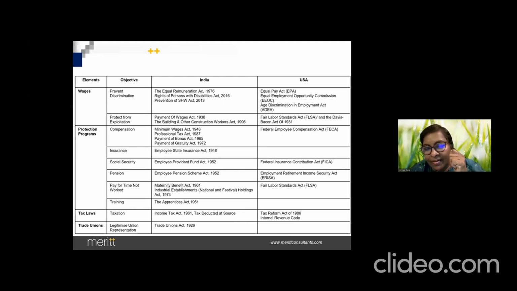And for protection, as a matter of fact, social security, we have statutory acts like Provident Fund and Gratuity. Is there a choice? We have to comply with all these acts.